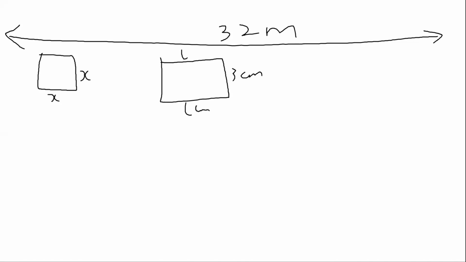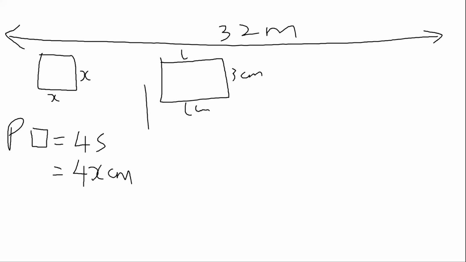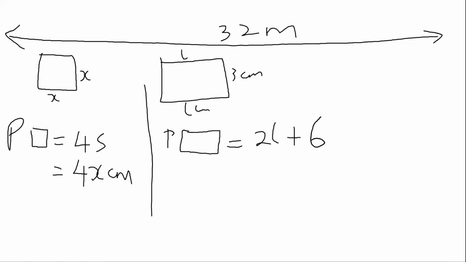So for the square, the perimeter is equal to 4s, which is 4 by x, which is 4x centimeters. Everybody understand that? And then we need to find the perimeter of the rectangle, which is equal to 2 by L, which is 2L, plus 2 by 3, which is 6.